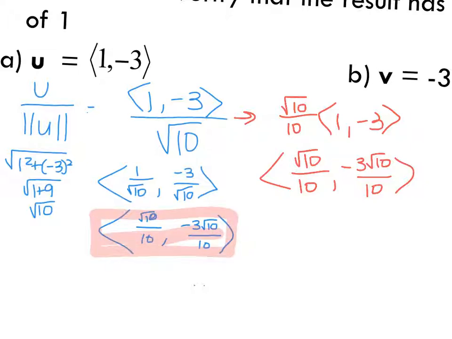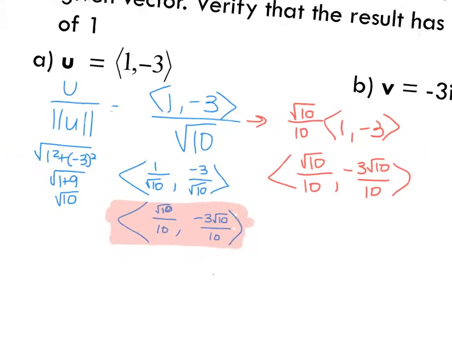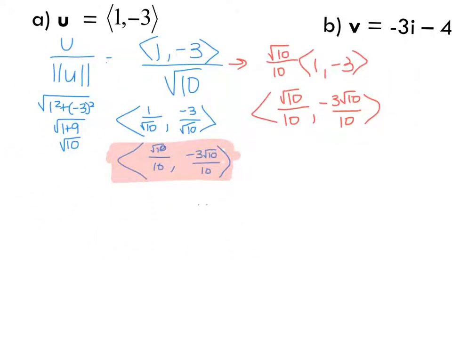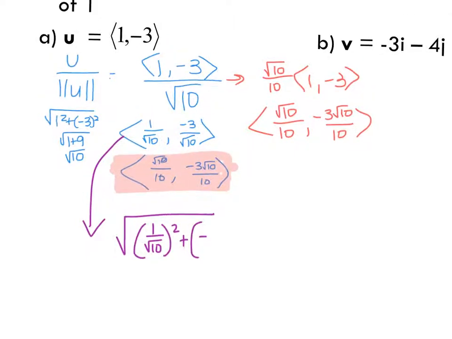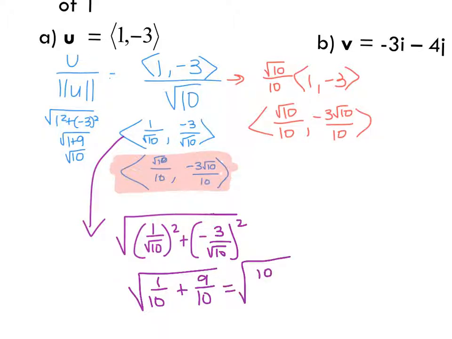And then it said to check it, show that the magnitude of that vector is 1. So if I go back to before I rationalize it, because it's going to be easier to do it from there, and I do the square root of a, which is 1 over root 10 squared, plus b, which is negative 3 over root 10 squared, I end up with the square root of 1 over 10 plus 9 over 10, which is the square root of 10 over 10, the square root of 1, which is 1.